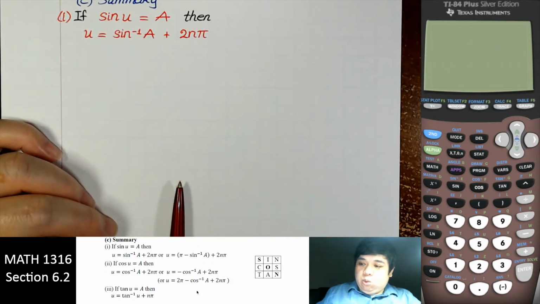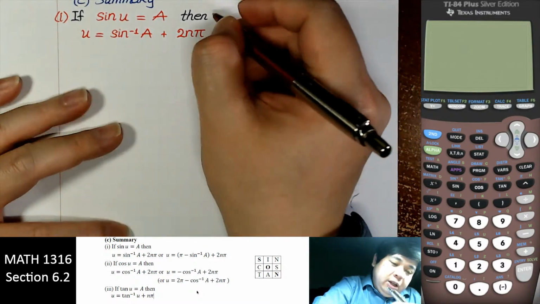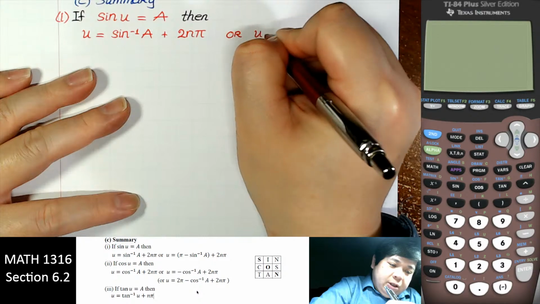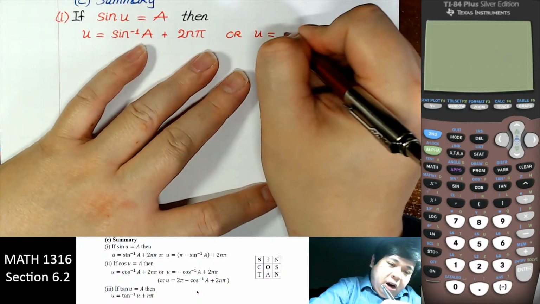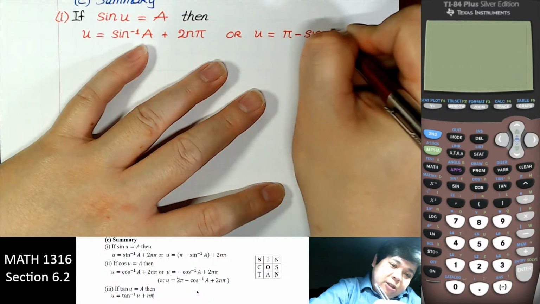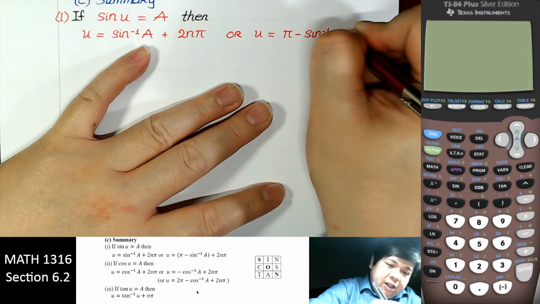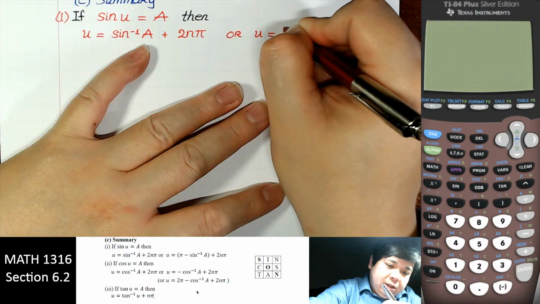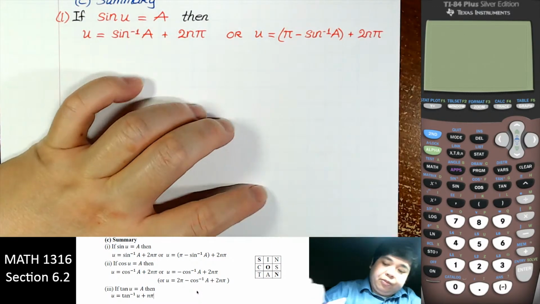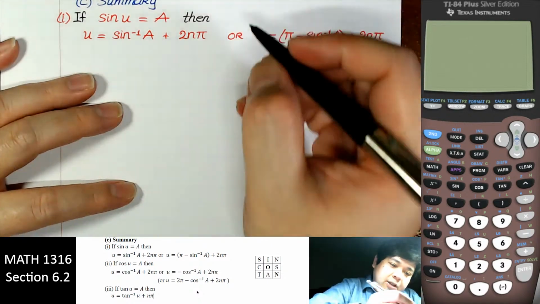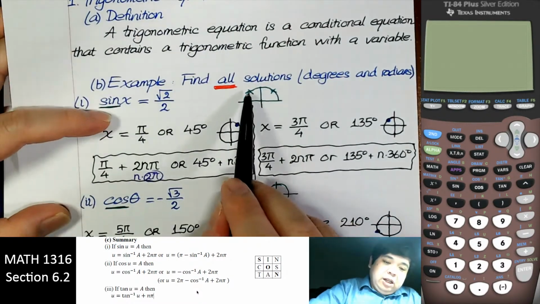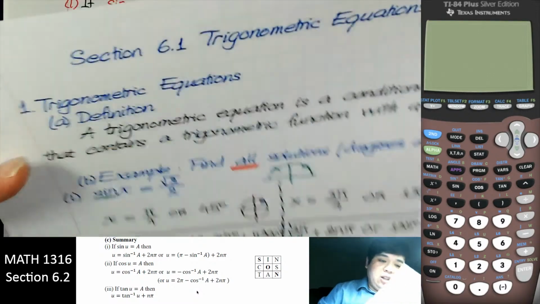So either that is the one solution, or we have pi minus sine inverse of a plus 2n pi. So the pi minus sine inverse gives us the point across from the y-axis.